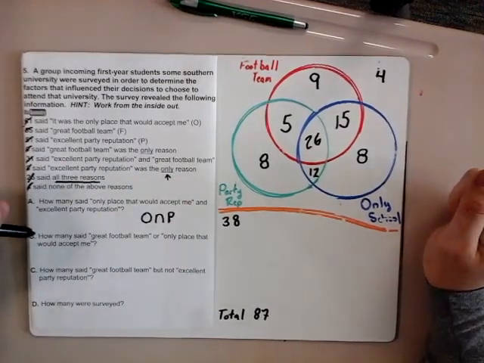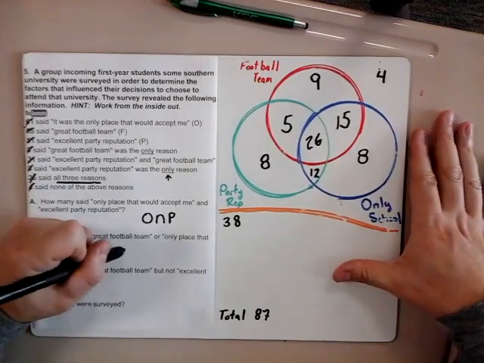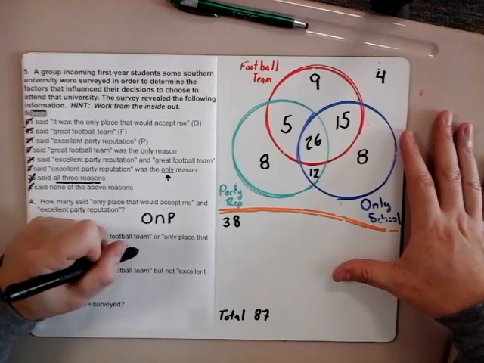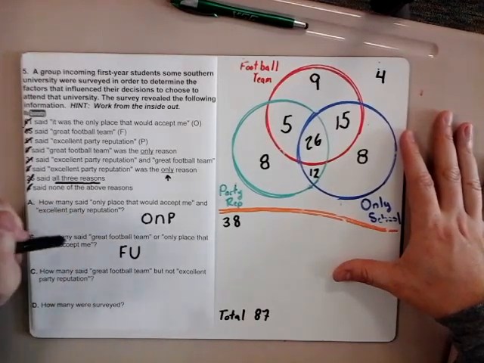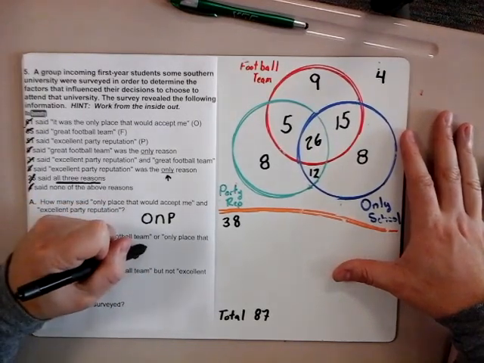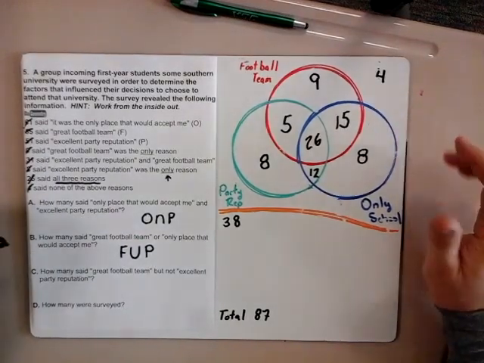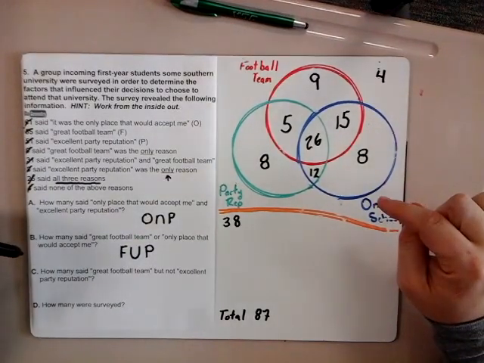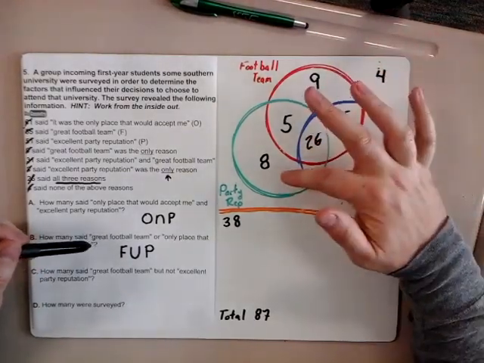Next, how many said great football team or only place that would accept me? So I'm going to say F or, that's the union, P. And that, let's see what we got there. So that's football or party.